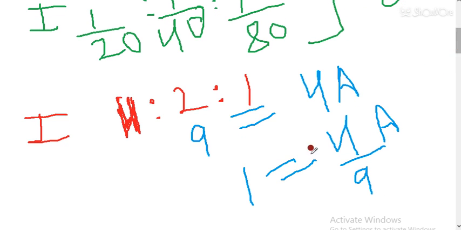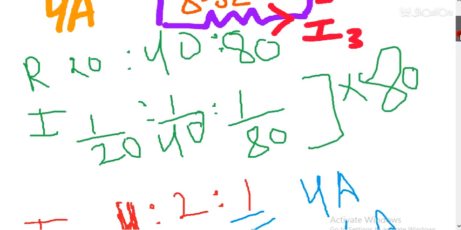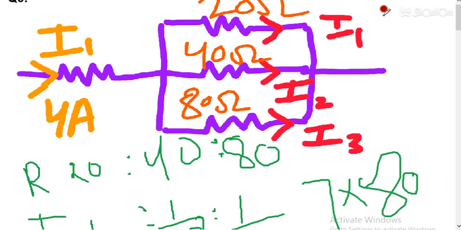Now see, 4 parts are flowing through the 20 ohm resistance, that means I1 is equal to 4 parts, so 4 fours are 16, so 16 by 9 current is flowing through this 20 ohm resistance. Two parts are flowing through this resistance, so 2 eights, 8 by 9 is the value of current I2, and one part is flowing here, that means 4 by 9.